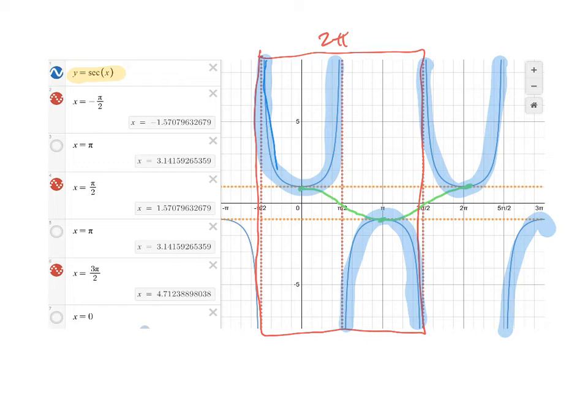And again, just like we can move things around and stretch it out and compress the period and the starting points for sine and cosine and tangent and cotangent, we can do the same thing for secant and cosecant. So let me show you how those transformations affect this graph. Then we'll show you cosecant, and then we'll be ready to draw our own.